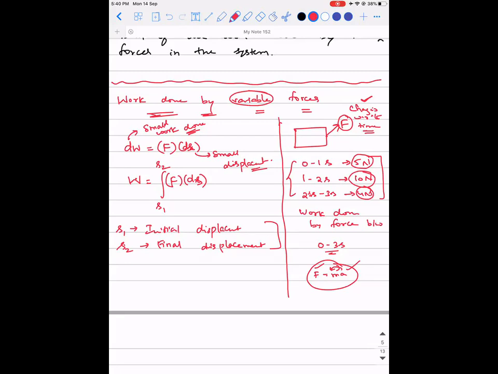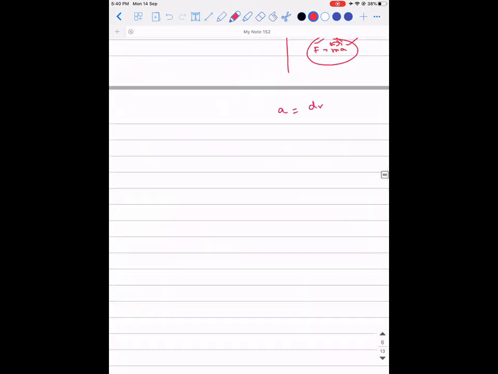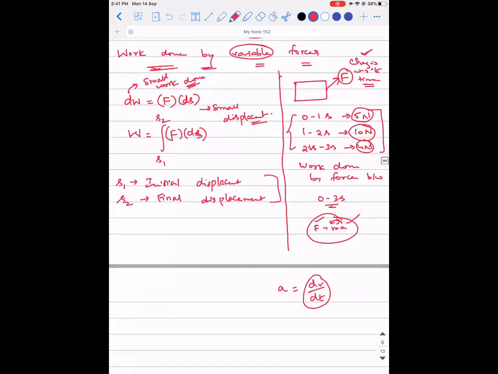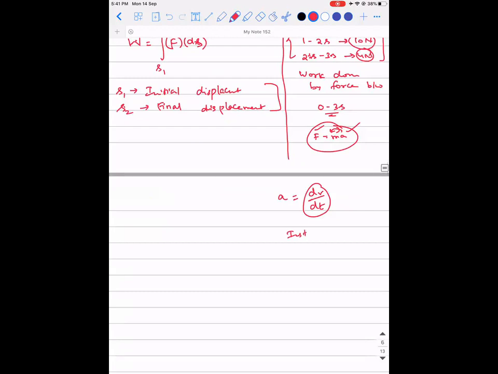So I have a doubt. Yeah, tell me. For instantaneous acceleration, we say it's dv by dt, no sir? Yes, dv by dt. So can we say this is instantaneous work done? How is it instantaneous work done? Which one? dw. Yes. You cannot call dw that. See, instant means what? Time.